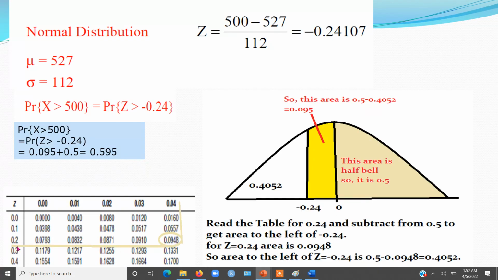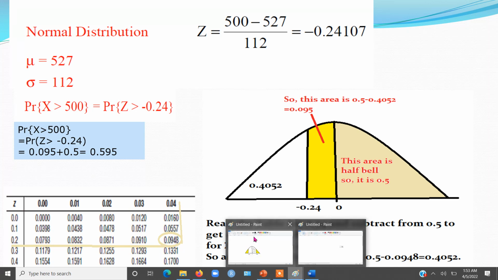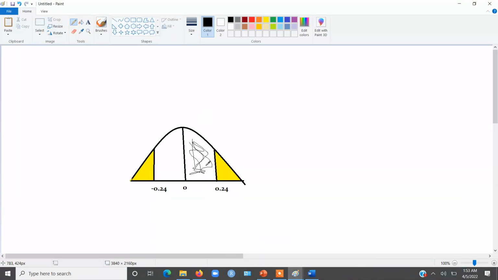If I read the table for plus 0.24, it's going to give me the area for this portion, right? But this area is not linked with the other one. So if I subtract this area from 0.5, I'll get the area for minus 0.24.